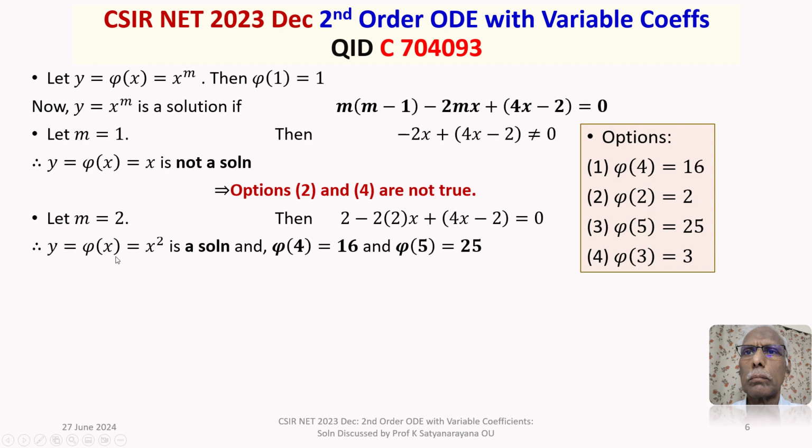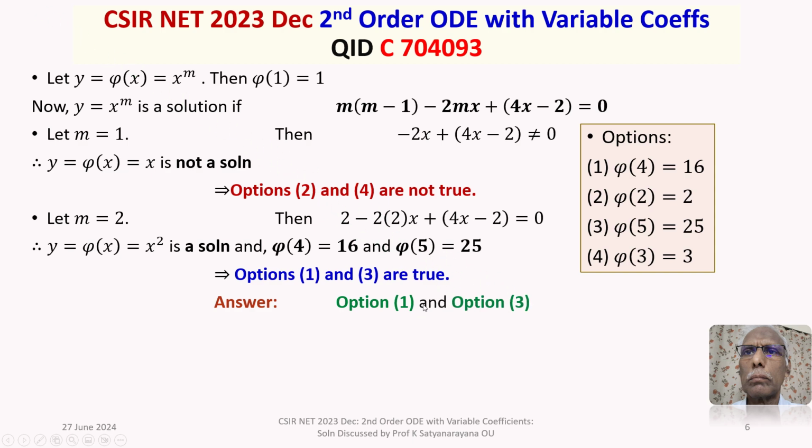If phi of x is equal to x square is a solution, phi of 4 will be 16 and phi of 5 will be 25. Yes. So options 1 and 3 are true. So now the answer to this question is option 1 and option 3.